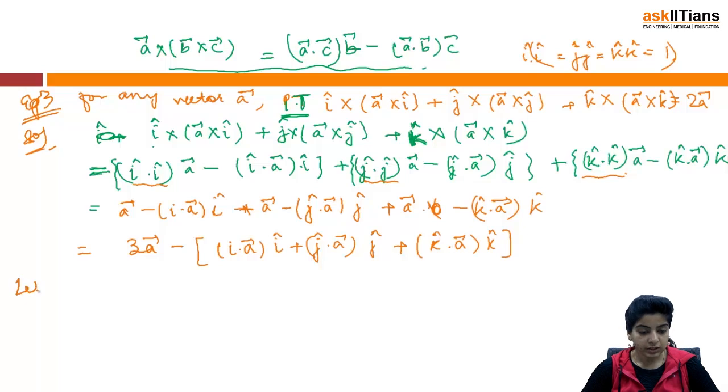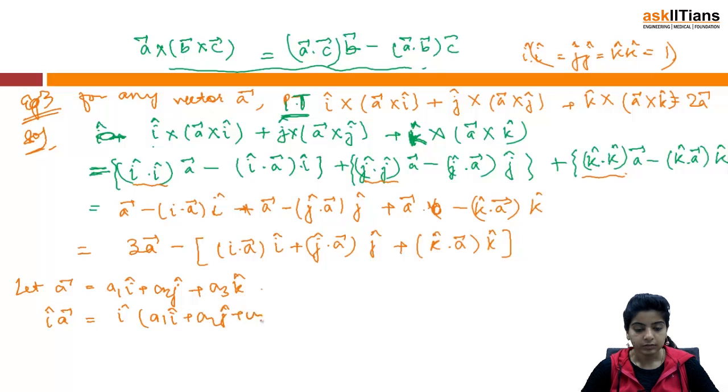Now let A be A1I plus A2J plus A3K. Let us assume that the vector A is this. Then I dot A would be equal to I dot A1I plus A2J plus A3K.